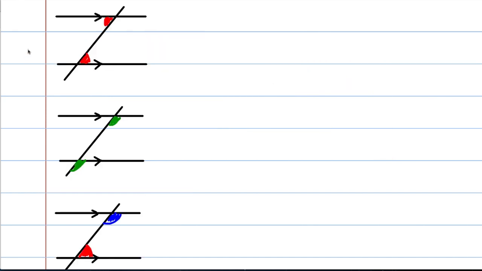Then we have to know some rules about parallel lines. These are notifications that these two lines are parallel and these two angles are the same. And the rule is that alternate angles are equal.